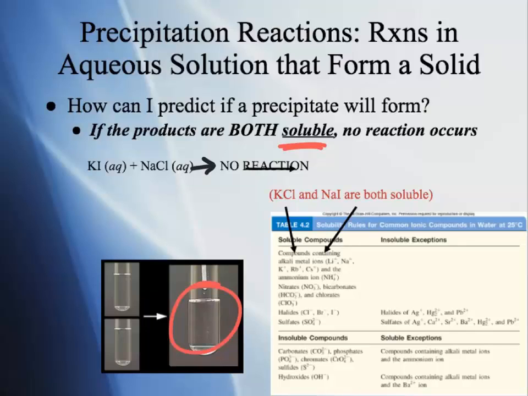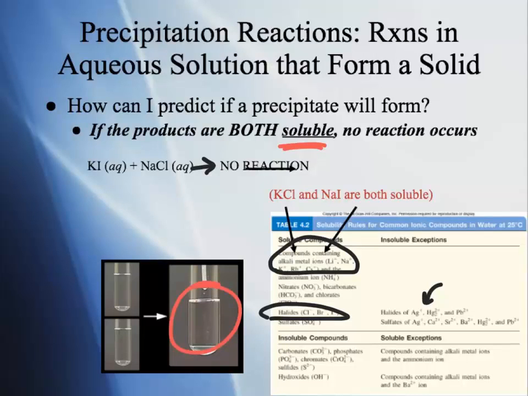So for example, potassium iodide and sodium chloride. All right, both of these fall under compounds that contain an alkali metal. And they're halides, which are usually soluble, and it's none of the exceptions over here. So that means there's going to be no visible reaction.